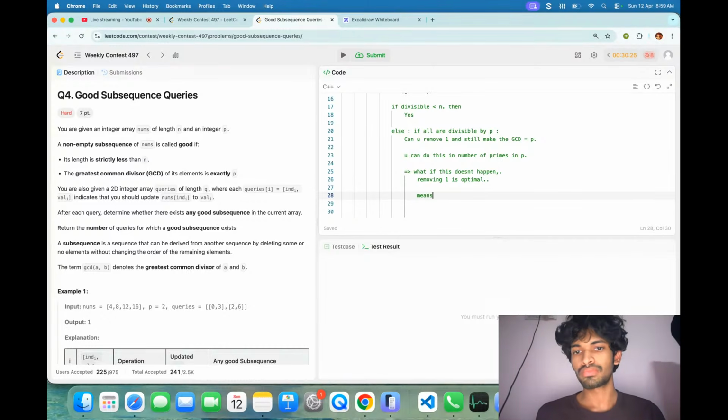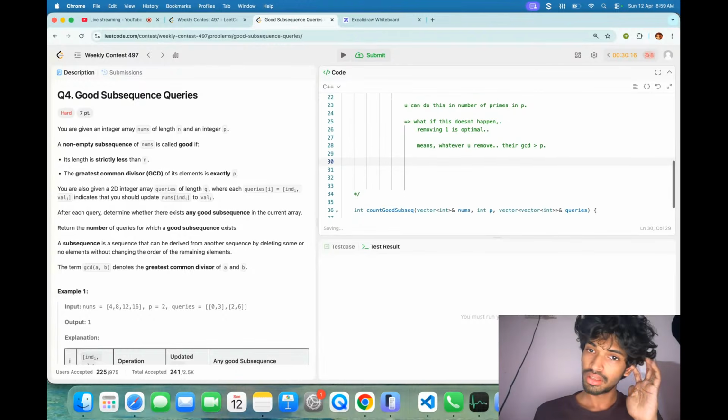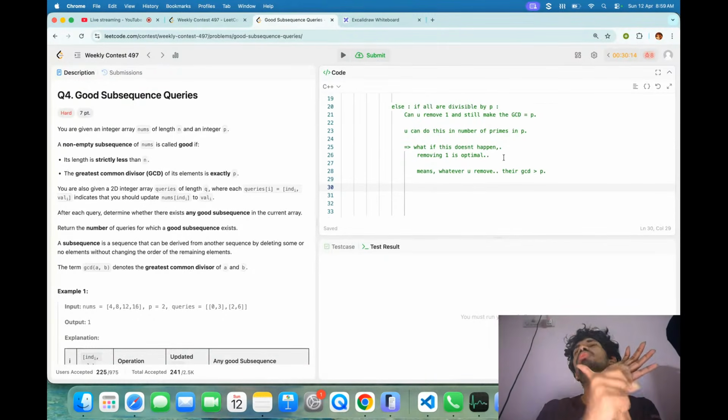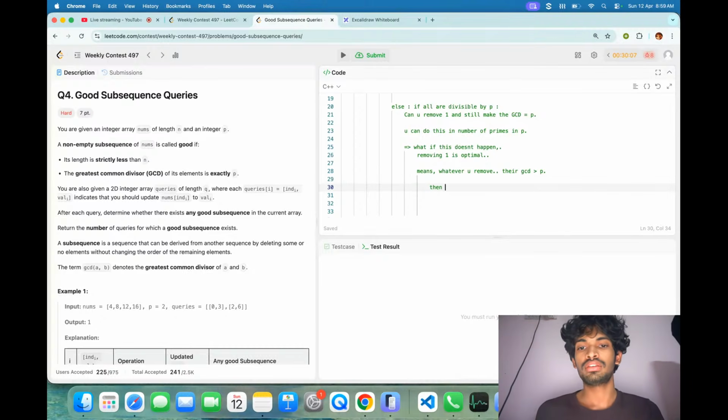It means whatever you remove, their GCD is greater than P. Total GCD is P, but even if you remove anything, GCD is greater than P, and you have to test this one. If GCD is greater than P, then it is P times some prime P1, where P1 is some prime of P, right?